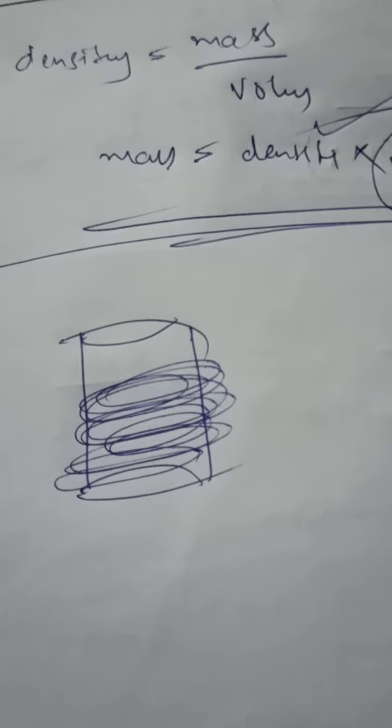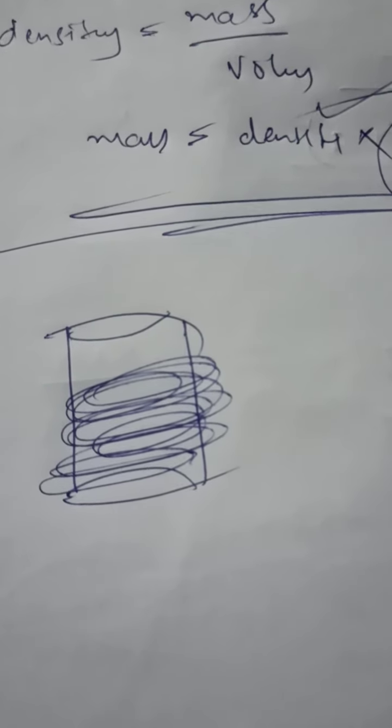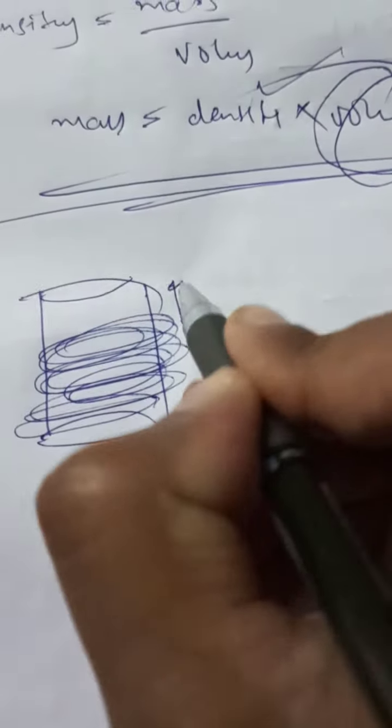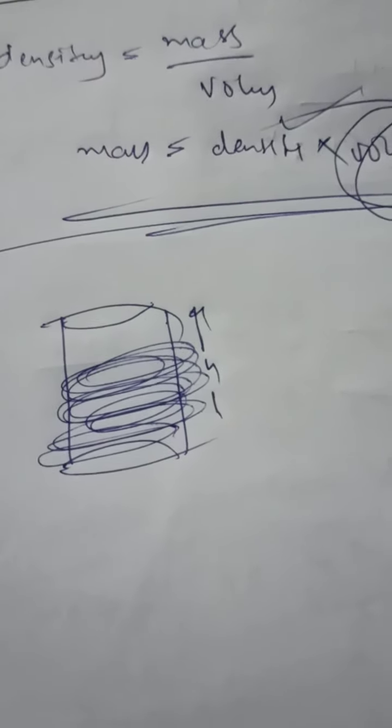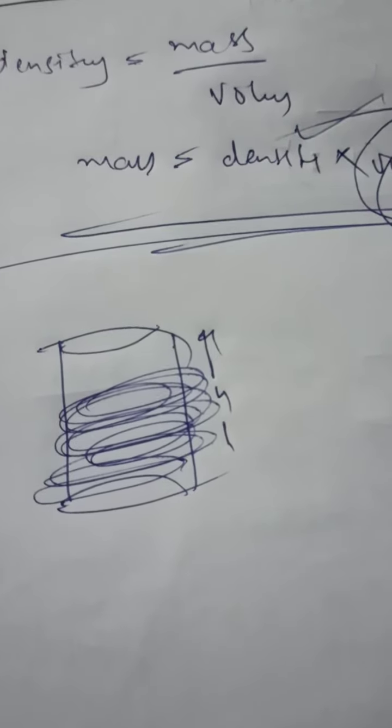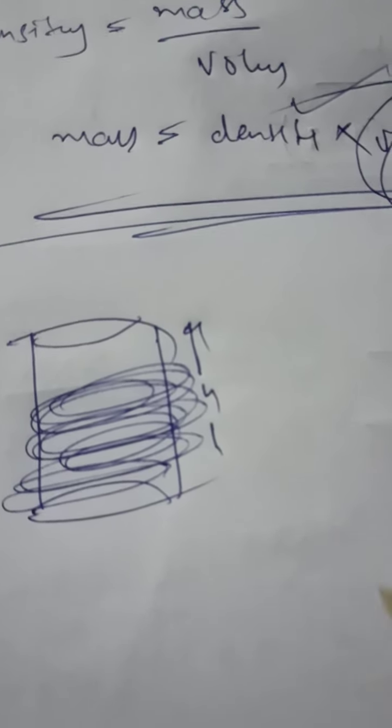So first, the number of turns. Here the turns are something like this. The height of the cylinder is the number of rounds into the thickness, that means the diameter of the wire.